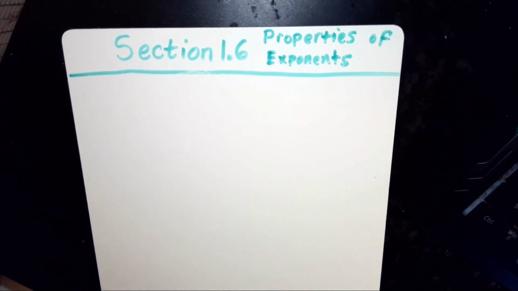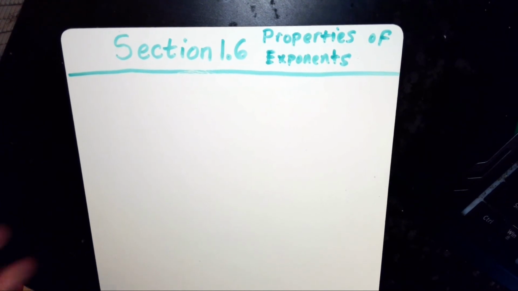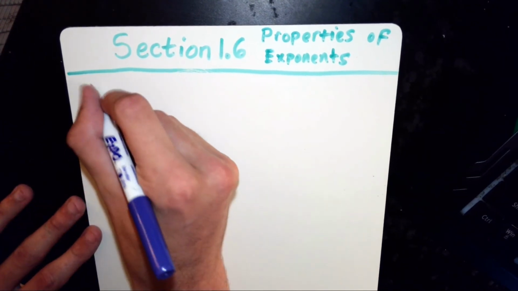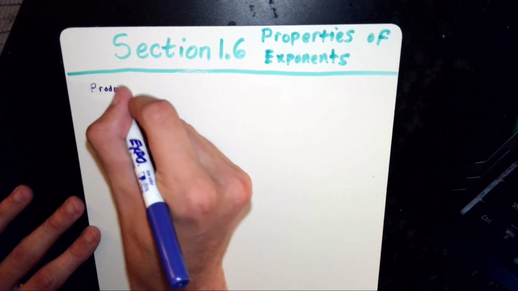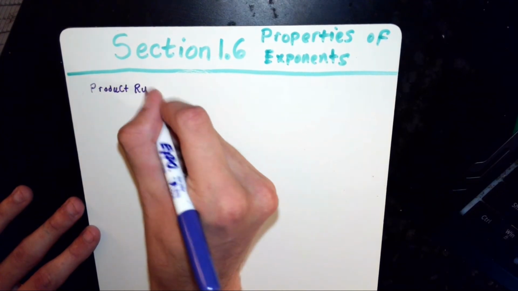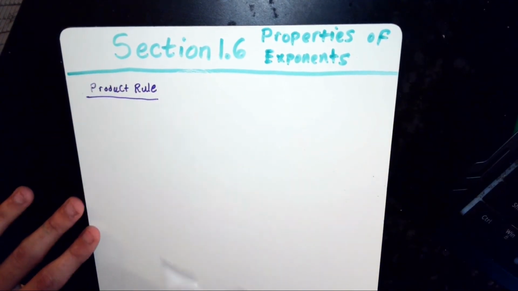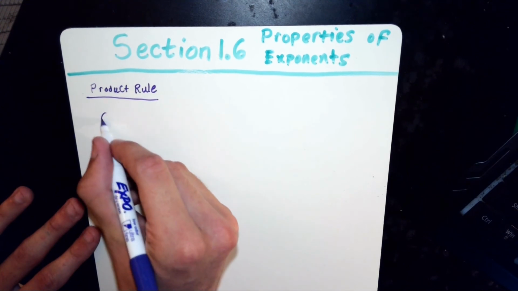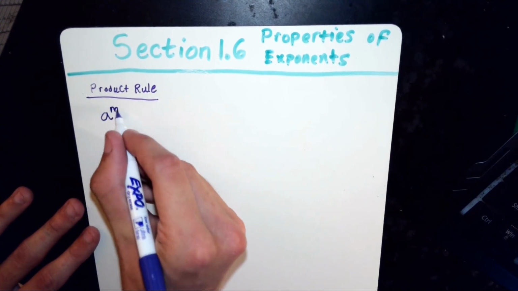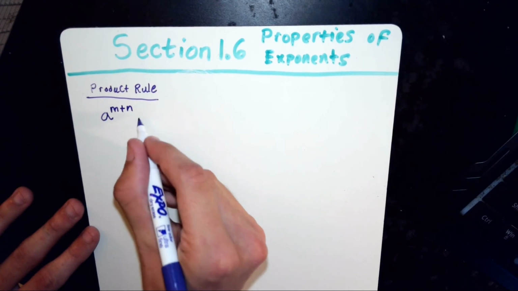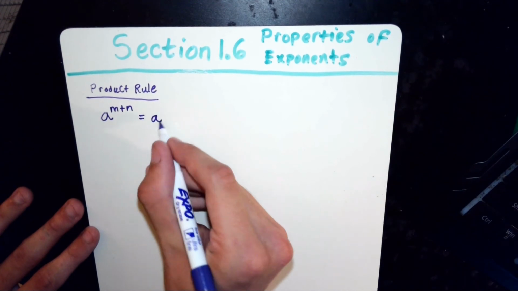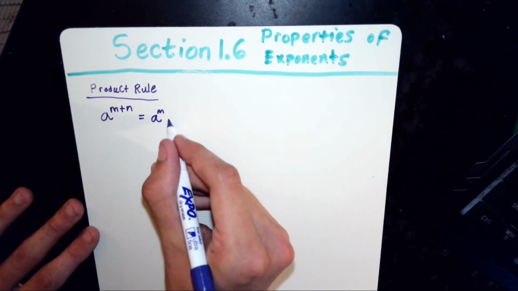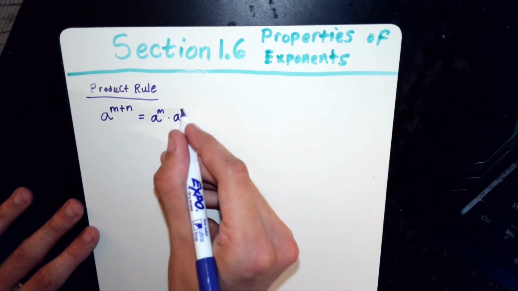In this video, we're gonna pick up from where we left off last time. Last time we did an informal proof of the product rule, and remember the product rule. What the product rule told us is that a to the m plus n is the same thing as a to the m times a to the n.